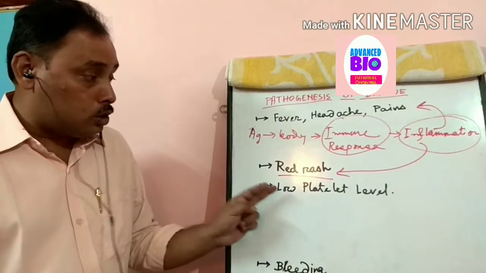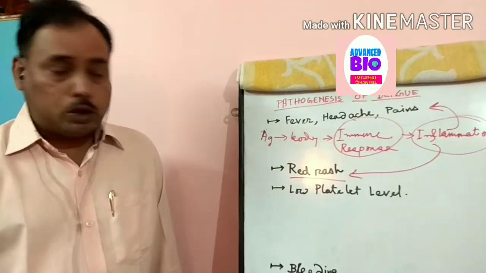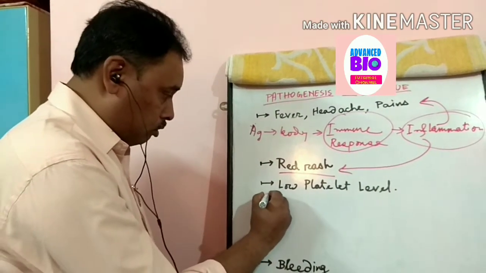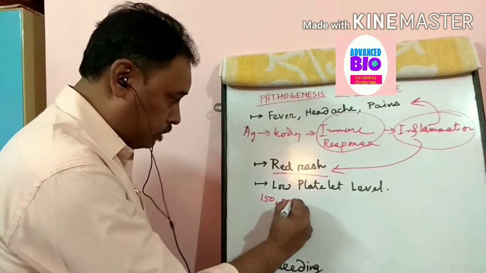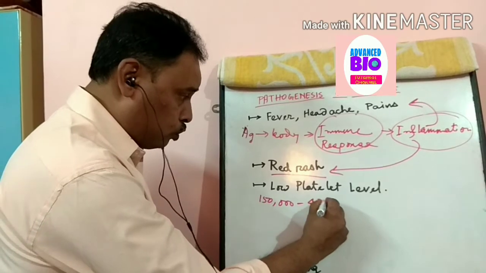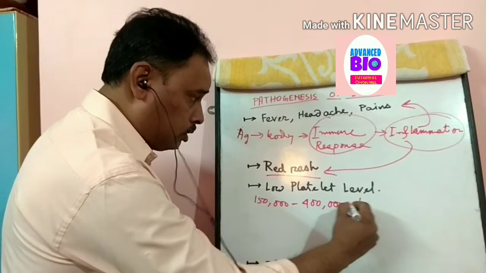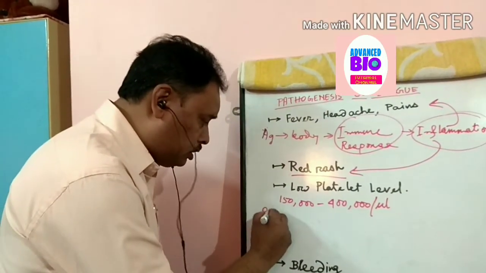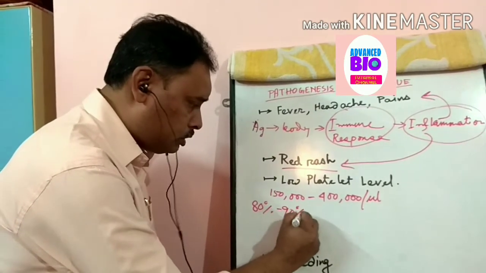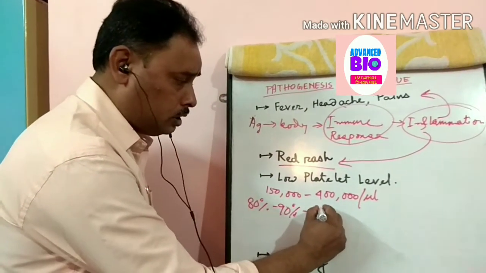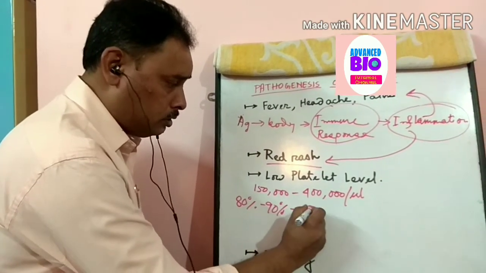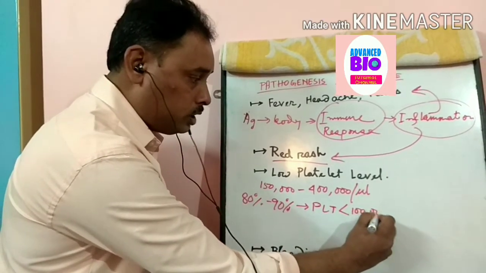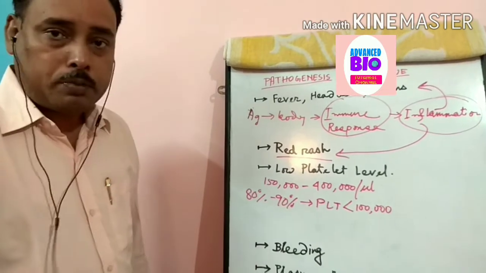Now come to a point, that is low platelet level. The normal range of platelet level in human is 150,000 to 400,000 per ml of blood. And now in case of 80 to 90% of dengue patients, the PLT level, that means platelet level, is less than 100,000 per ml blood.